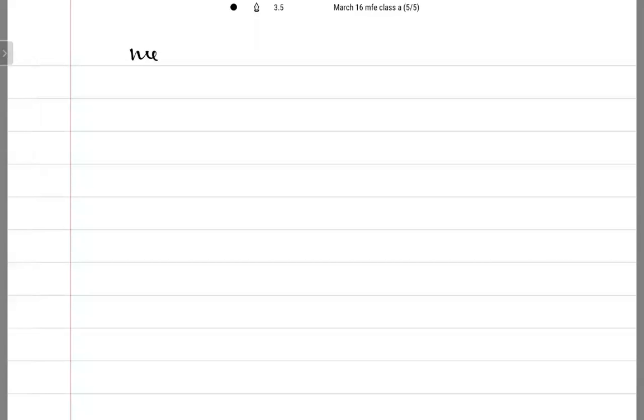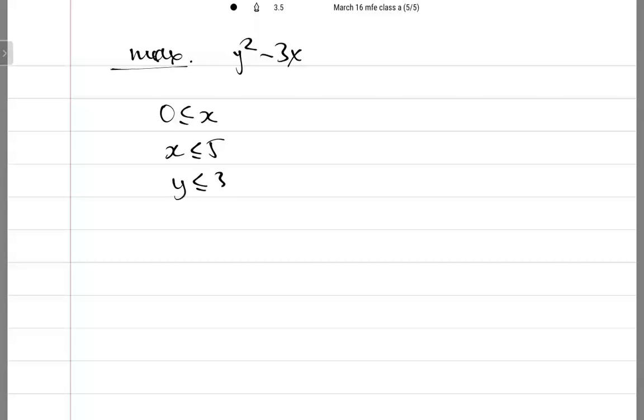Okay, let's consider maximization of y squared minus 3x subject to 0 less than x, x less than 5, y less than 3, y. Let's keep the order the same.